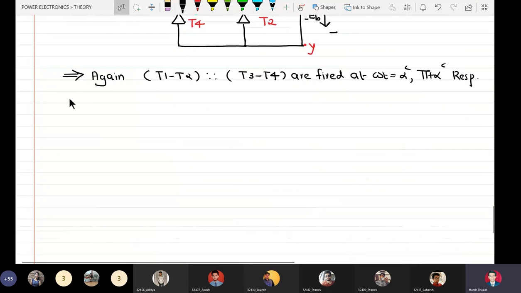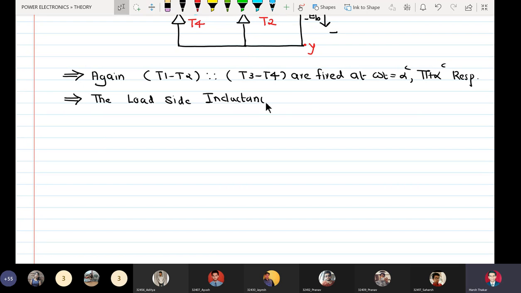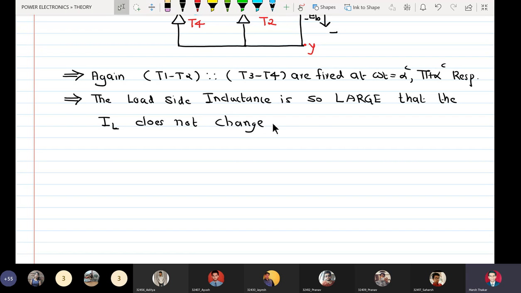Second thing is that the load side inductance is so large that the load current IL does not change at all.